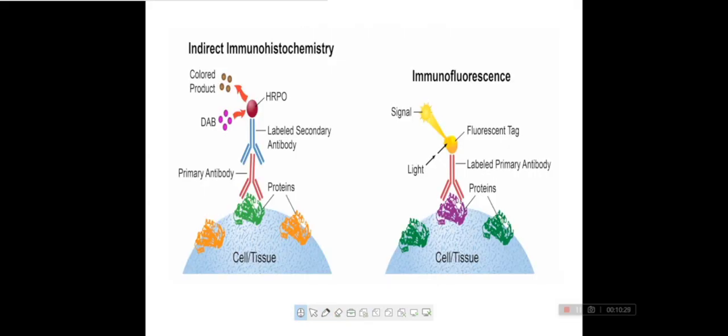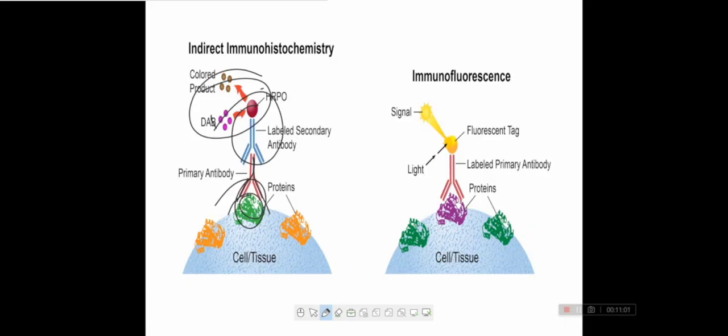This is the picture of how immunochemistry takes place. This is a cell, this is the protein, this is the antibody. How does the antibody react with this antigen? After that, the secondary antibody, that is the labeled antibody, reacts with the primary antibody and produces a color. According to that color, we determine the antigen antibody reaction.